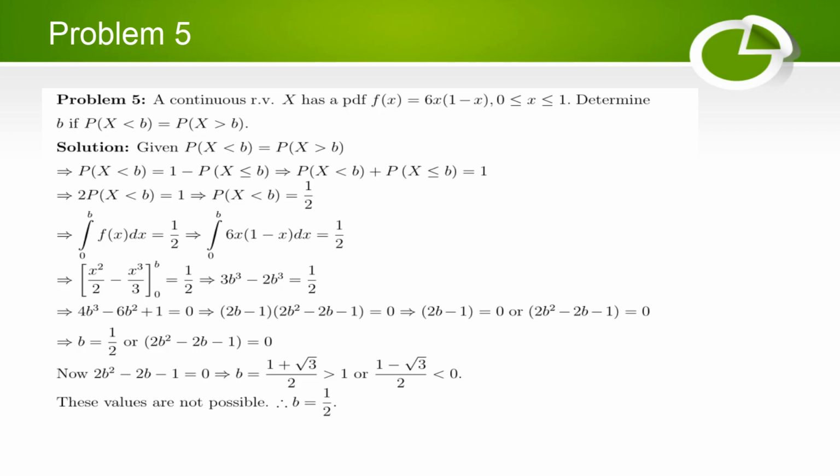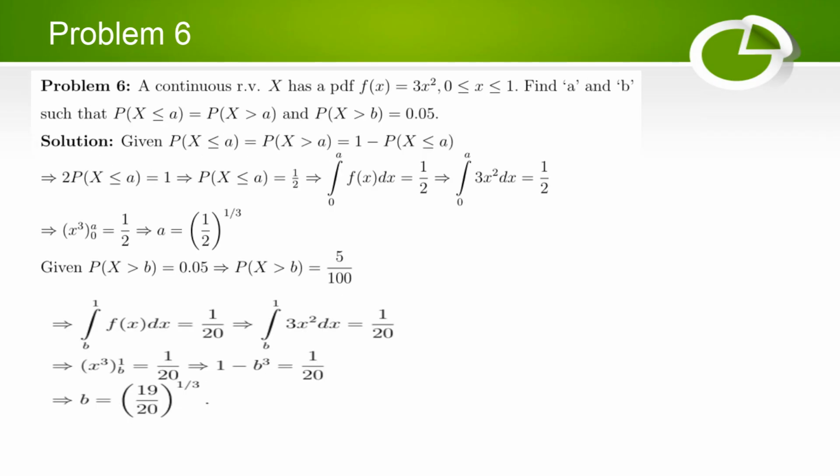Implies b equals 1 by 2, or 2b squared minus 2b minus 1 equals 0. Now 2b squared minus 2b minus 1 implies that b equals (1 plus square root of 3) divided by 2, which is greater than 1, or (1 minus square root of 3) divided by 2. These values are not possible, therefore b equals 1 by 2.